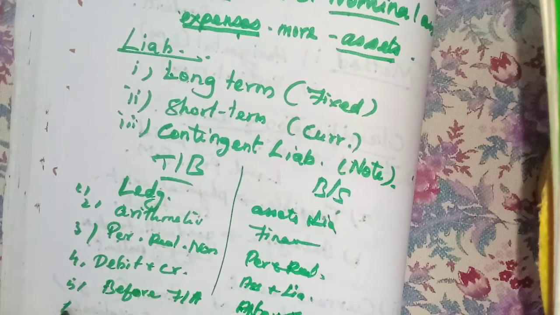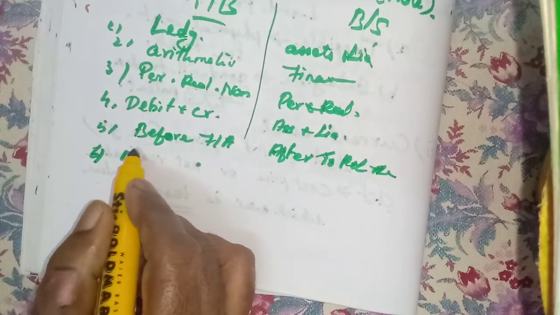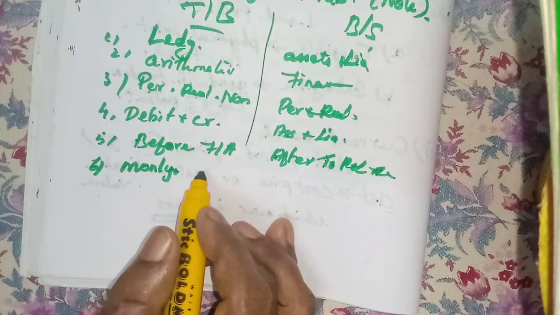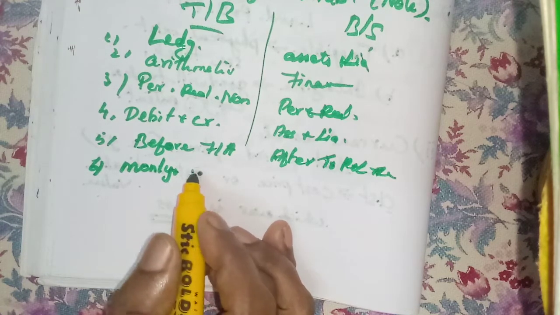The trial balance can be prepared at any date, maybe monthly, weekly, fortnightly, twice in a month, or quarterly, half-yearly, annually.